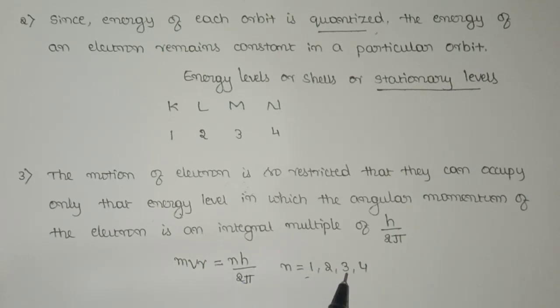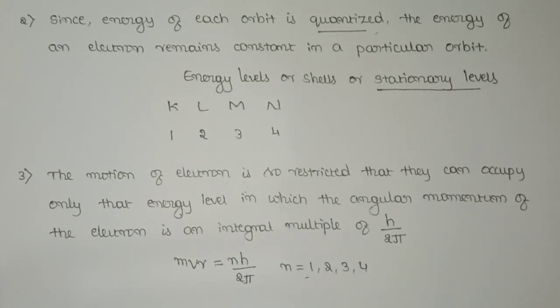If n is equal to 3, mvr equals 3h by 2 pi. If n is equal to 4, we get 2h by pi. Like this, we get the values of angular momentum of the electron, which shows that the angular momentum of the electron is always fixed, that means quantized. That's about the third postulate of Bohr's model of the atom.